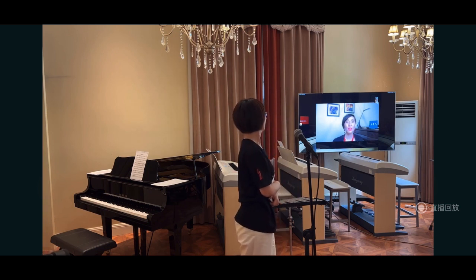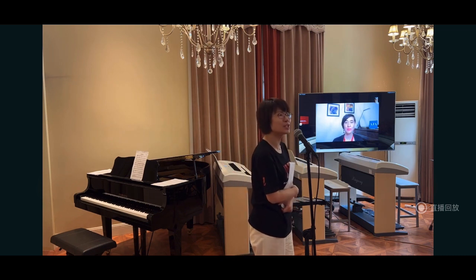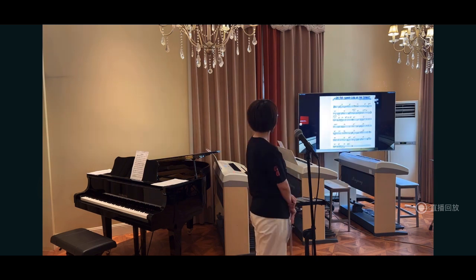So I'm going to share with you what we call a lead sheet, and this is a very typical style of music that we would read in jazz. Here is an example of a lead sheet.